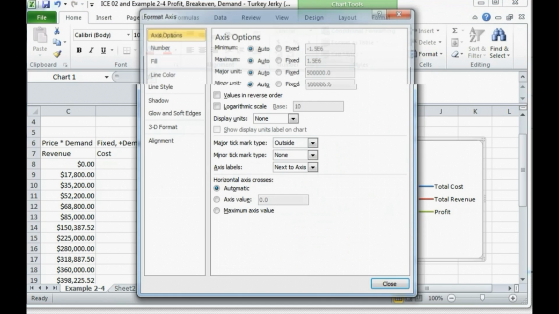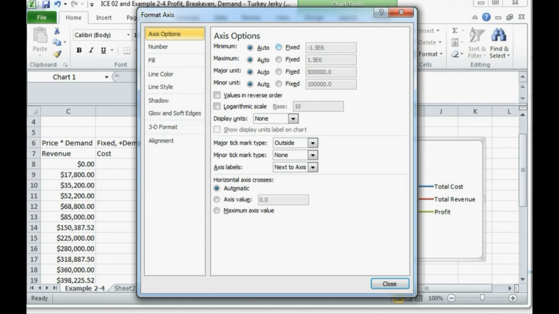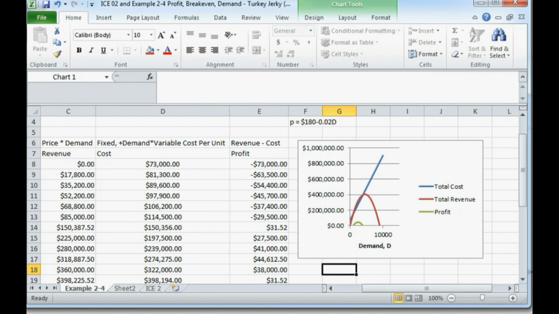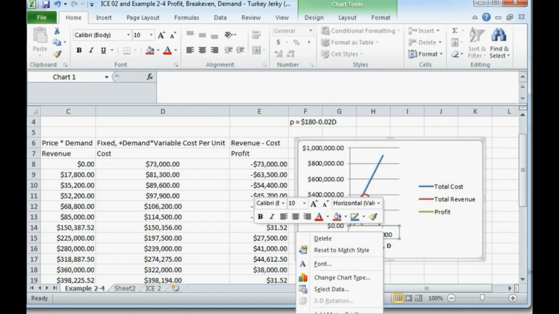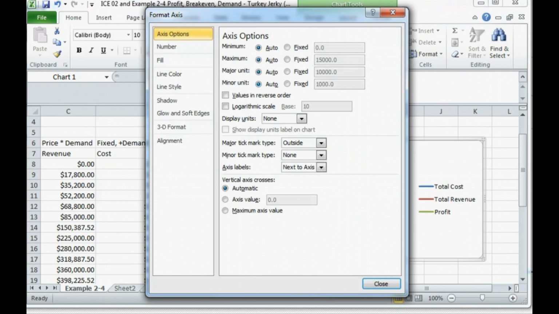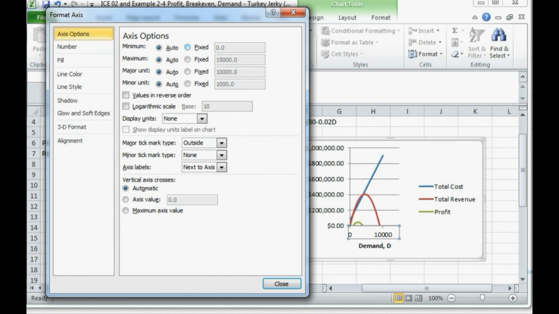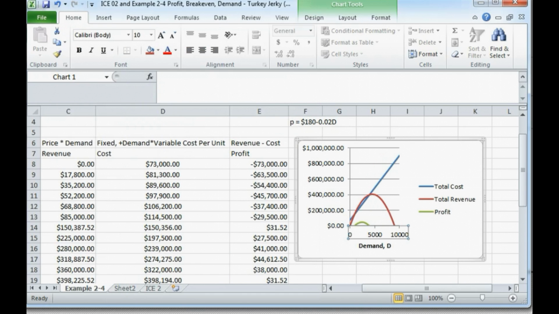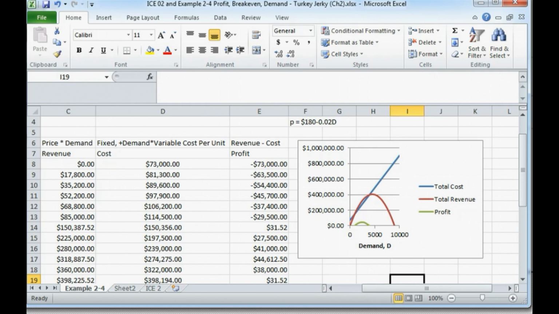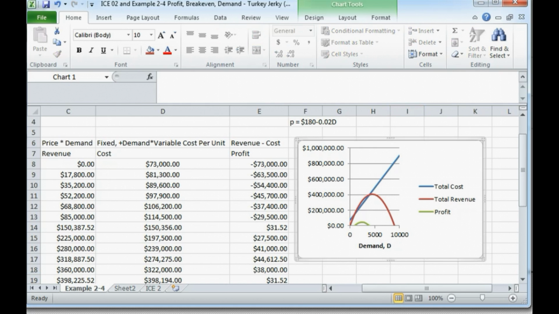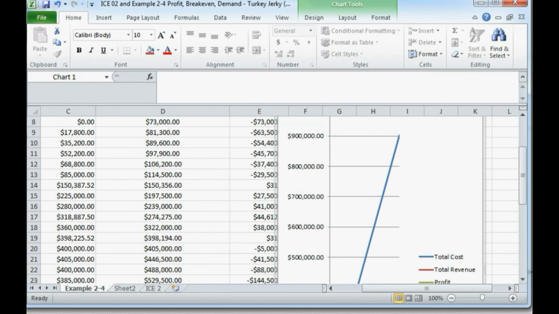Format axis, and we want it to start at 0. Okay, and now format axis again. We're going to have it go from, I guess, 0 to maybe 0 to 10,000. Okay. So that looks a lot neater. So let me just expand that so we can get a good view of that.